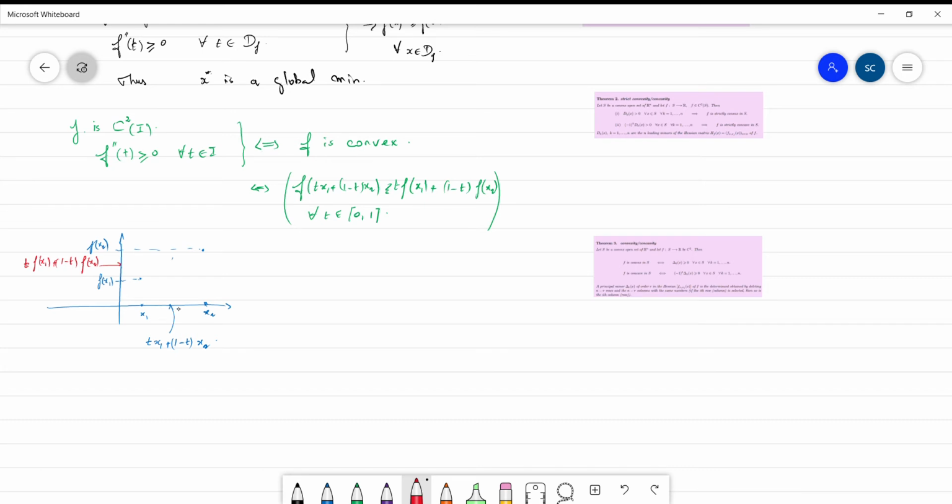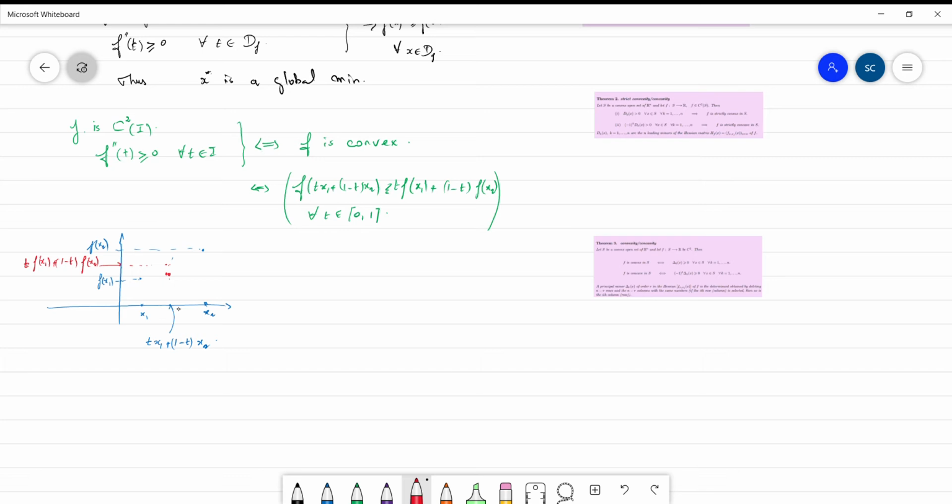The level of this is here, but the image of this function is at these levels, which is smaller than this one. And this is true for any t. For all the t's, it must be lower.